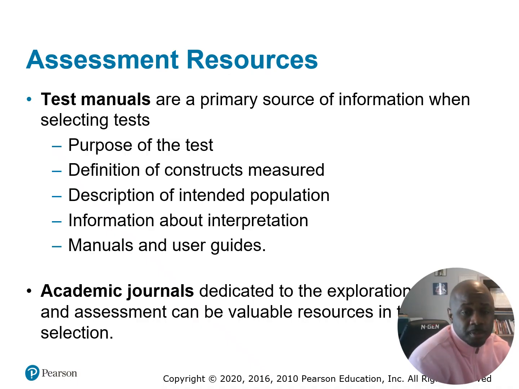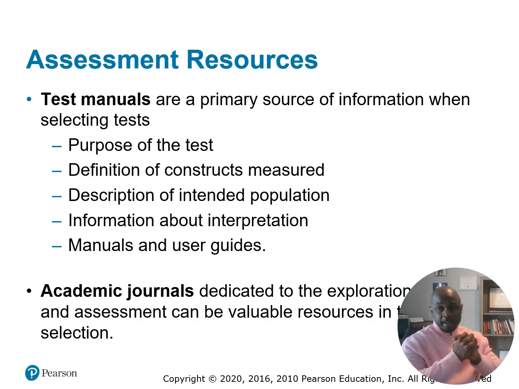It gives us the purpose, the definition of constructs measured, a description of the intended population, and information about the interpretation. It also gives us manuals and user guides for the test to help you actually administer it correctly, right? There are also some academic journals dedicated to the exploration of assessment. They give you more information and can be a valuable resource for you.